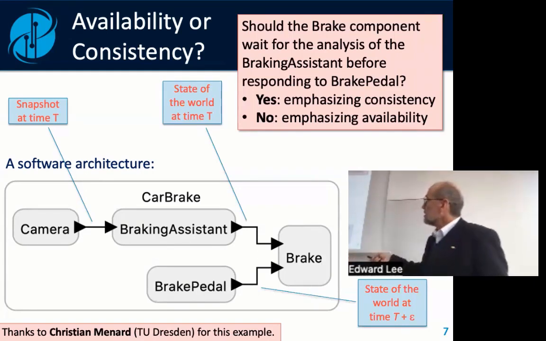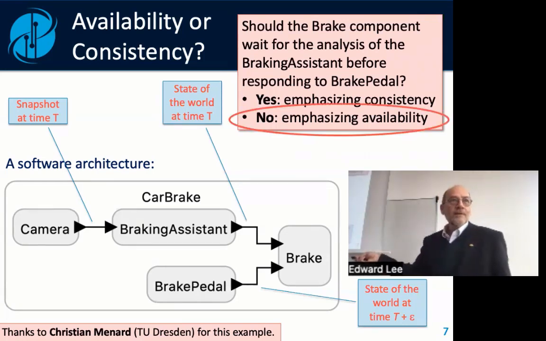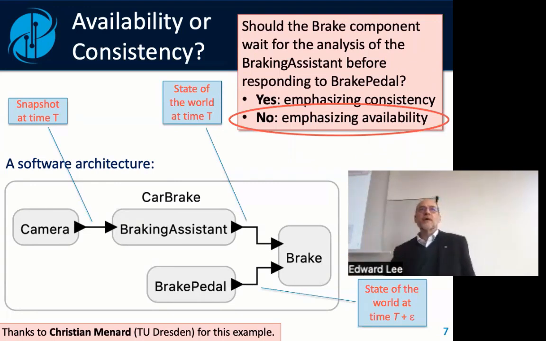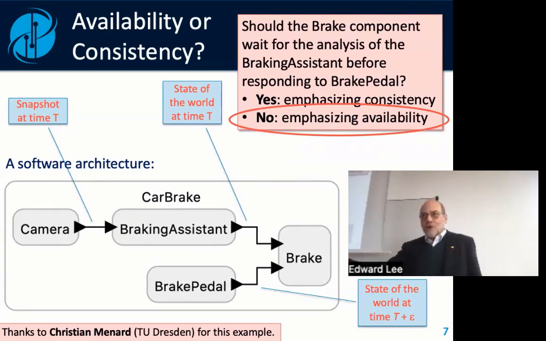So you can see that in this case, because we know that this is a braking system, the answer is really obvious, right? If the driver pushes the brake pedal, you want to respond as quickly as you can, regardless of whether you've heard from the cloud about whether there's a pedestrian in your field of view. A software system doesn't know that semantics.